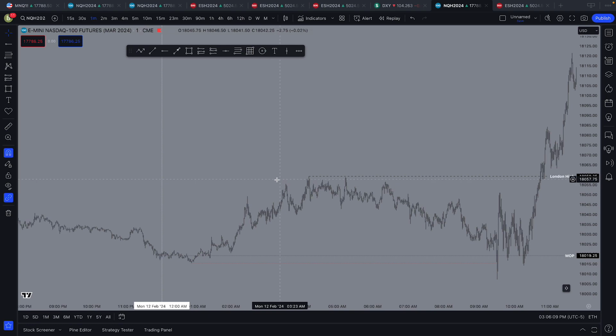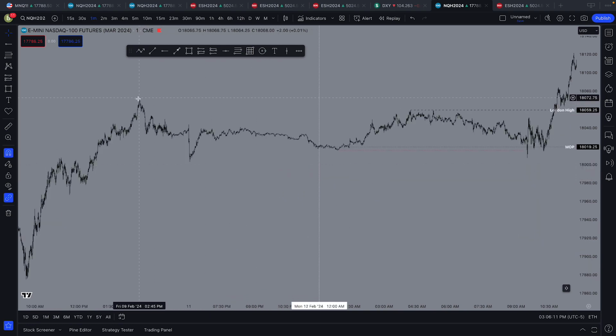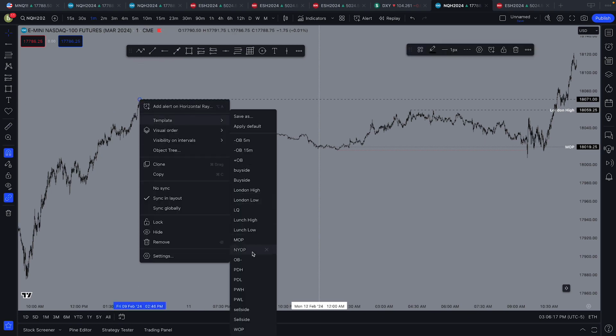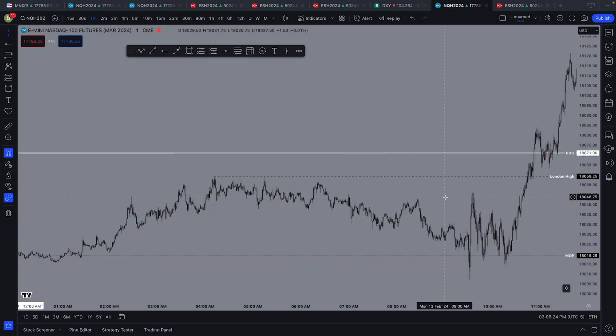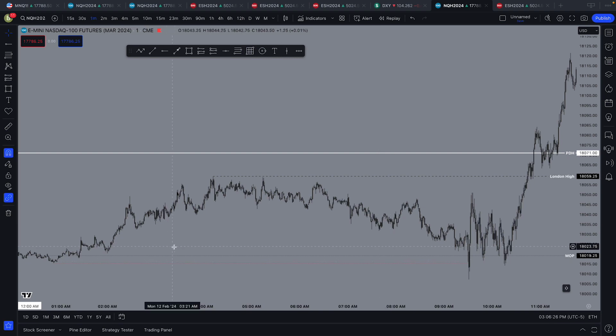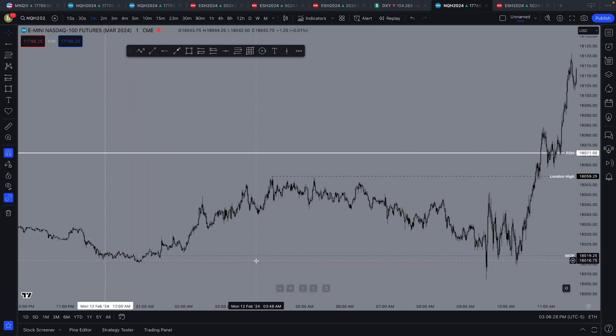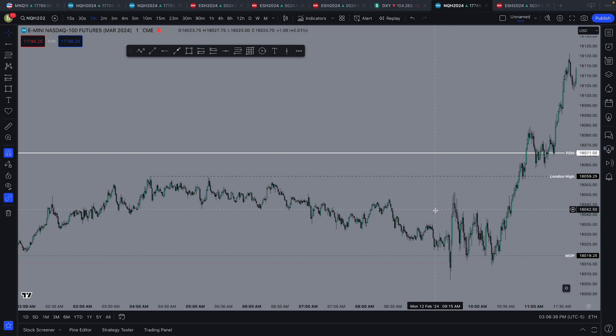London high there. And then we have our buy side liquidity, or PDH, previous daily high, the draw on liquidity right there. I like to use daily highs and lows when possible as my draws on liquidity. So here's our basic framework. We have our midnight open, we have our overnight low, overnight high, and PDH.